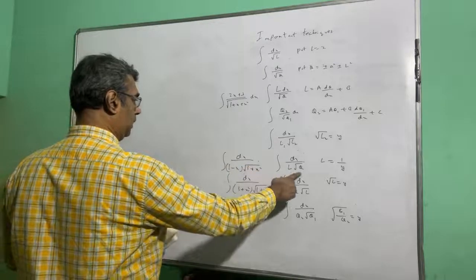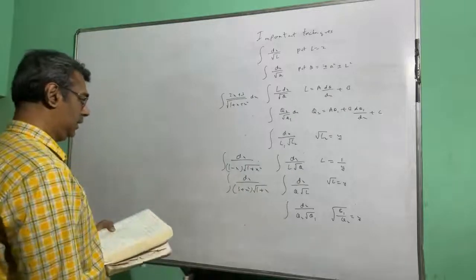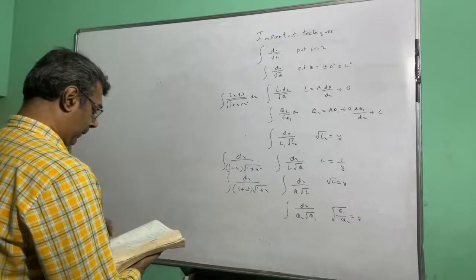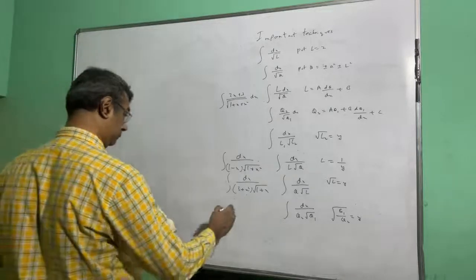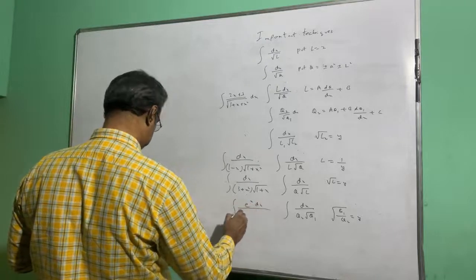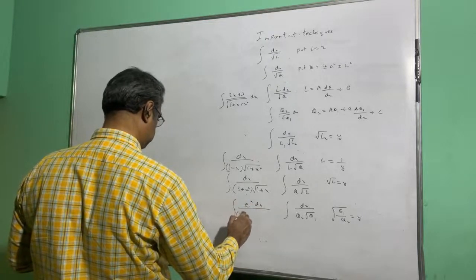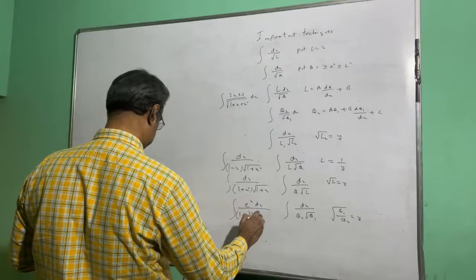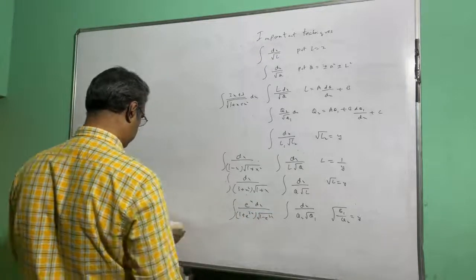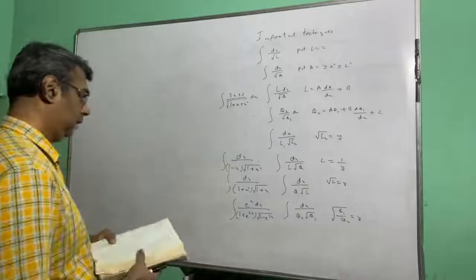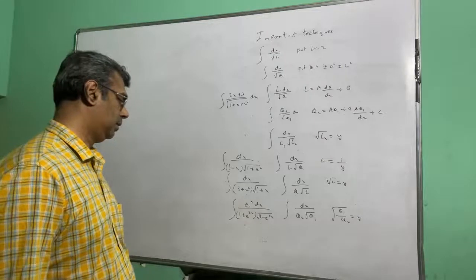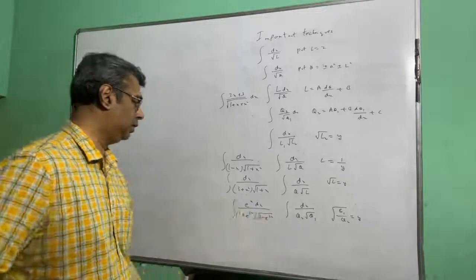Then linear root quadratic, this is an example: dx by 1 minus x into root 1 plus x square. Then integral e to the power x by 1 plus e to the power 2x into root over 1 minus e to the power 2x. This is an example of quadratic root quadratic.